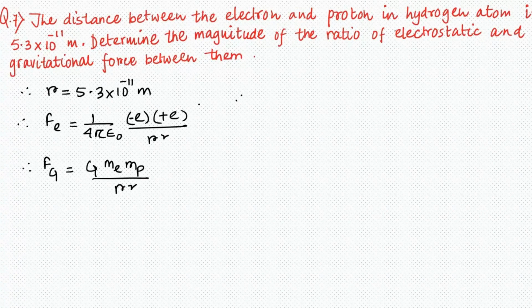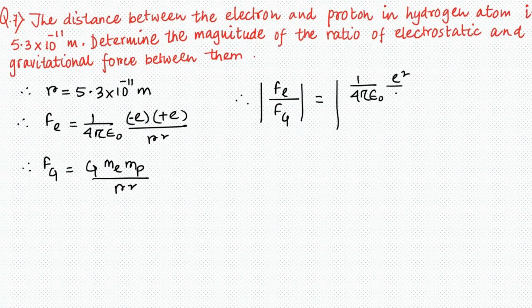Now take the ratio of electrostatic force and gravitational force. Just take the magnitude only. So Fe by Fg is equal to 1 upon 4 pi epsilon naught e square divided by r square, divided by G me mp by r square.